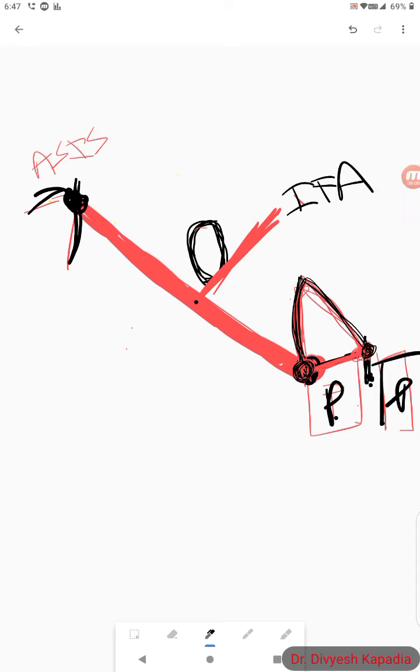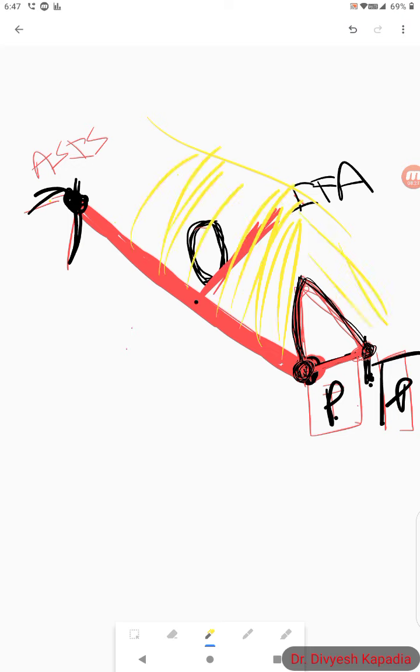Now the anterior wall of the canal is easy to understand. Let's paint it yellow. Okay, it is obvious that in its entire extent the anterior wall is formed by the external oblique aponeurosis, because this superficial inguinal ring is a gap in the external oblique aponeurosis.